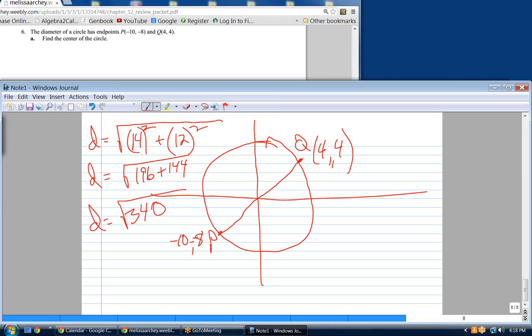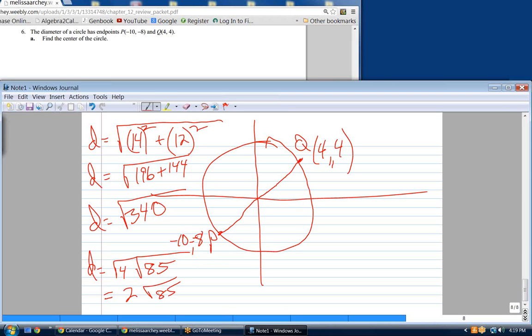340, which is divisible by 4. So that is square root of 4 times square root of 85, which is 2 root 85.